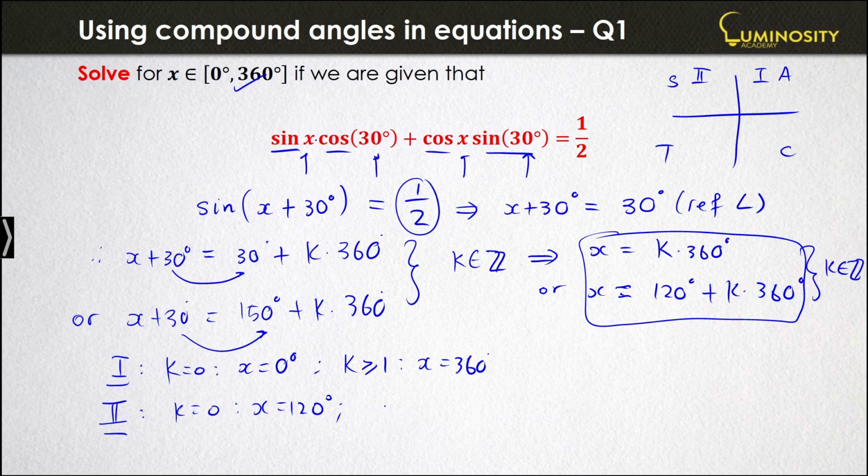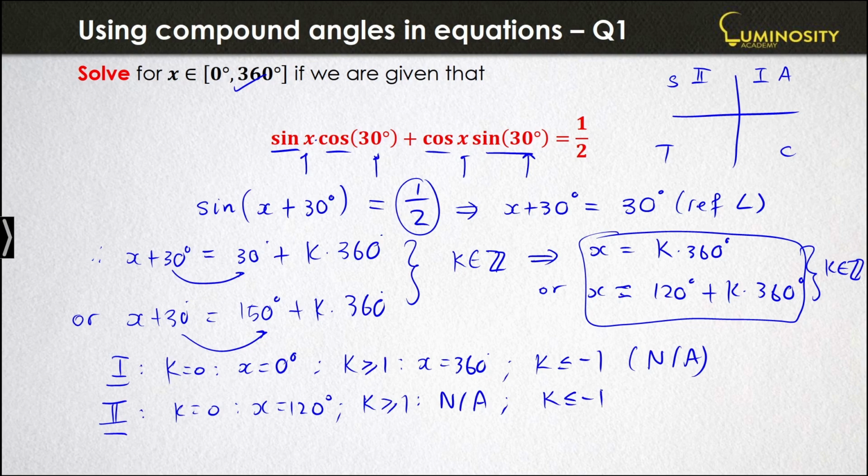For the first quadrant, if I also put k less than or equal to -1, because that's also integer values, I'm going to get negative values, so it's less than 0, so there are no applicable solutions here. Then k greater than or equal to 1, well, at 1, you're going to have 360 plus 120, that's 480, definitely outside the domain, so any solution with k greater than or equal to 1 will not be applicable here.